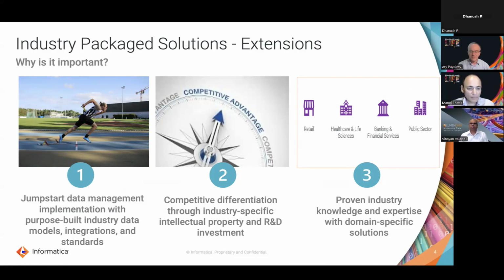On top of all of this, one of the practices we have with Informatica is what is called the industry package solution team, a team dedicated to building package solutions that we work on with many different companies in many different verticals, whether it's life science, healthcare, financial services, retail, and so forth.